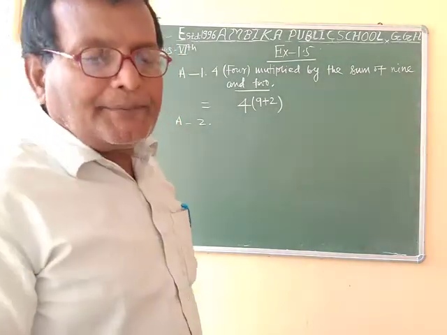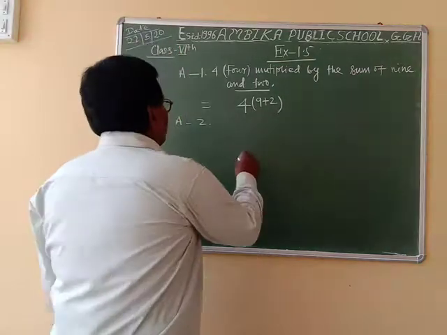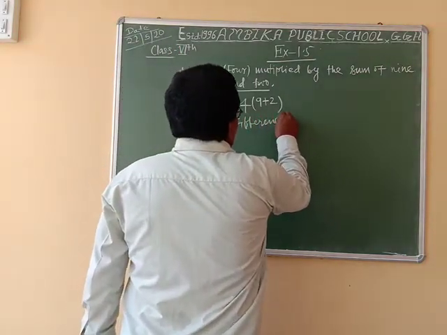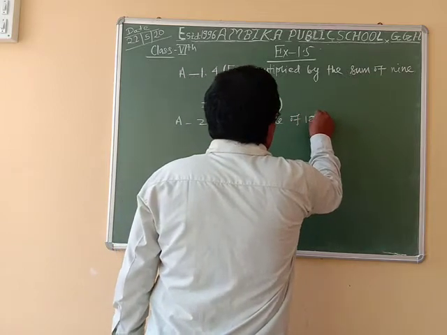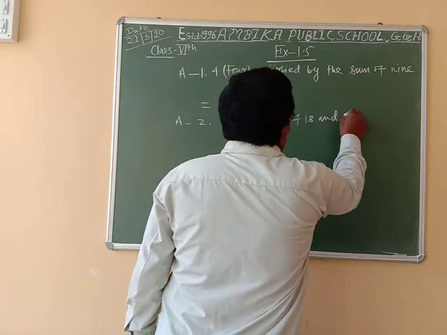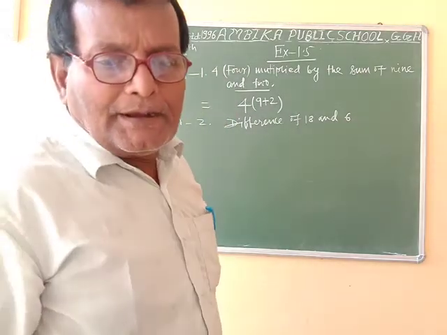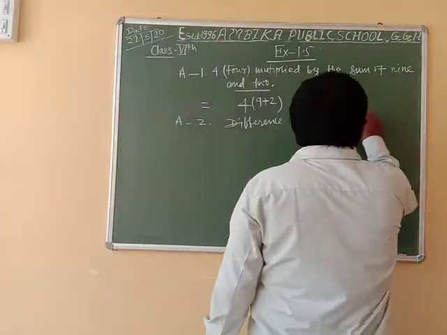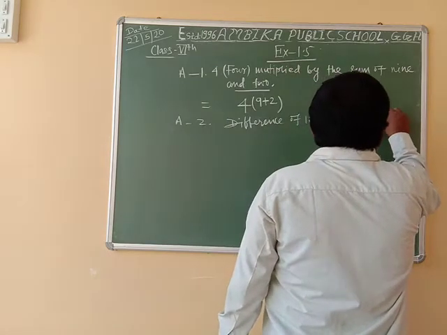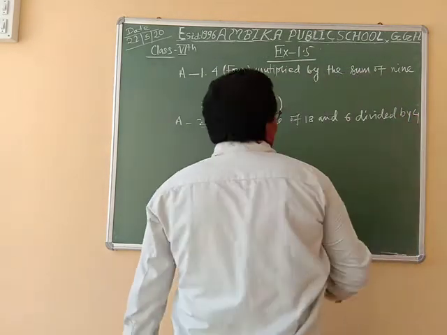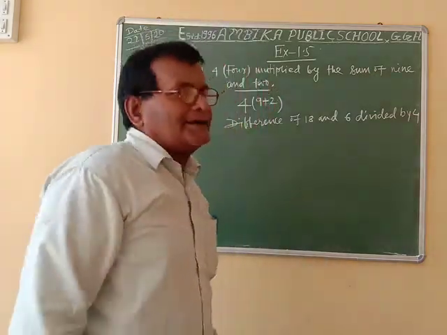Write difference of 18 and 6 divided by 4. 18 और 6 के अंतर को 4 से भाग देना है.